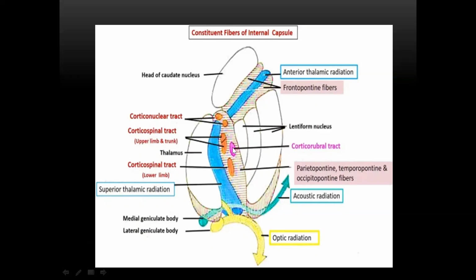These are responsible for motor function. The posterior part of the posterior limb transmits the parietopontine, temporopontine, and occipitopontine fibers. The most posterior, the temporopontine, is responsible for auditory function, for hearing.